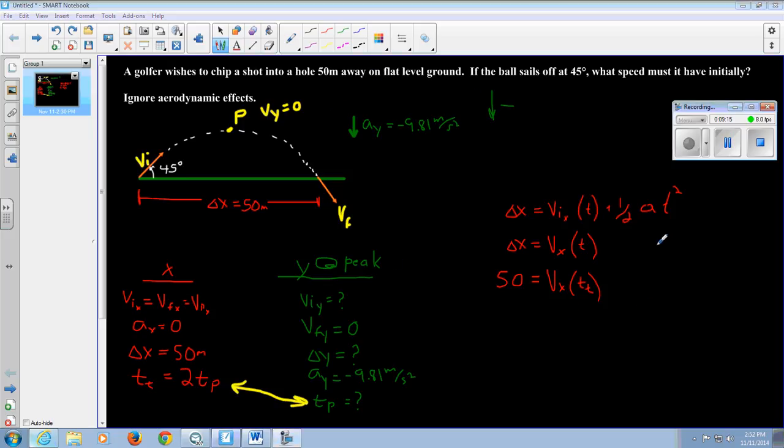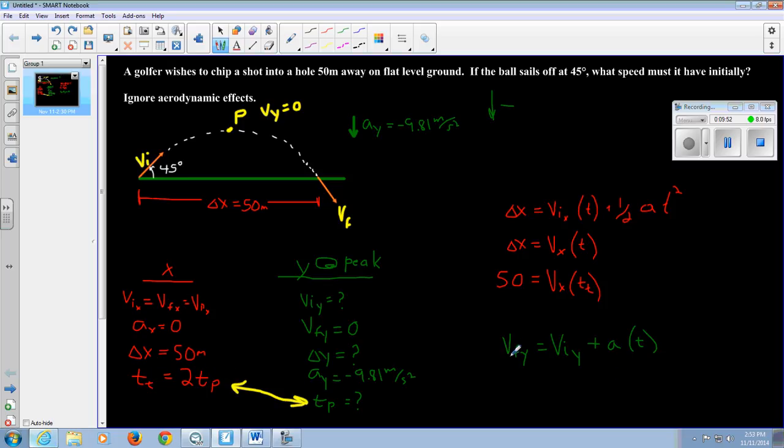So in our y direction, at the peak, we can say the v final in the y is equal to the initial velocity in the y plus acceleration times time. And the reason we'd use this equation is because we know our final velocity in the y, don't know the initial velocity in the y, we do know our acceleration, and we know we have a time relationship between the x because of this relationship.